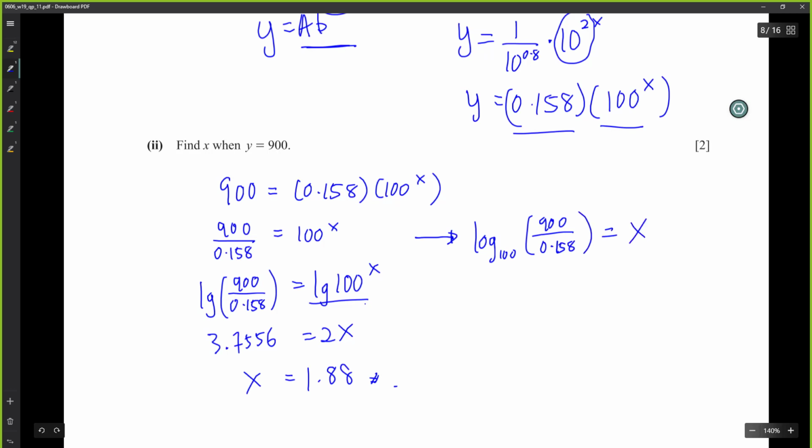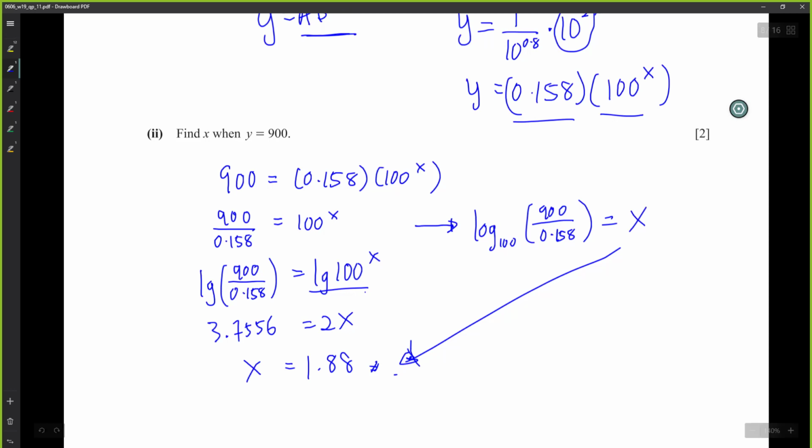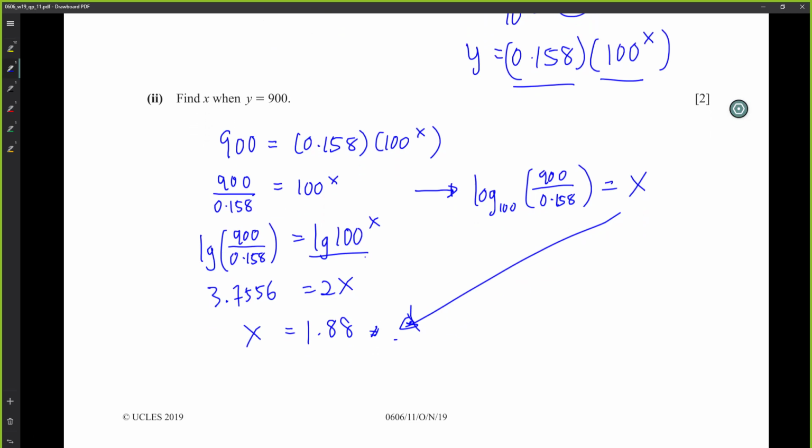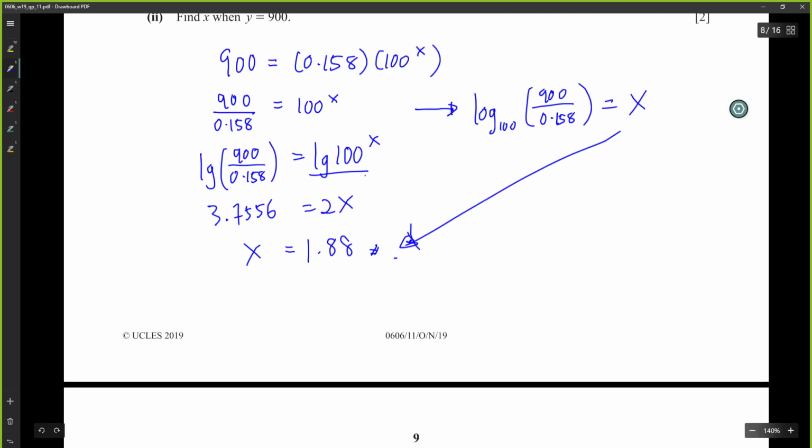I can get x straight away like this, and when I type everything in the calculator, I get the same result as well. But I just teach the normal methods, because some students have the black color one, which is the old version. You cannot change the base in their calculator, so they can use the simple methods as well. Alright, I hope you can get it and understand it.